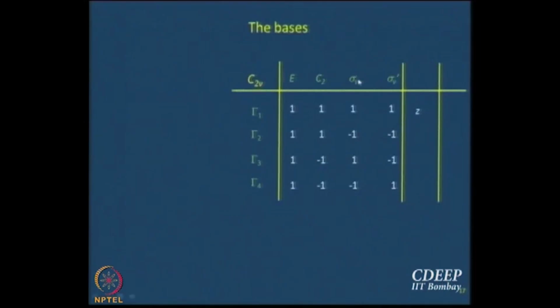Consider sigma v to be zx and sigma v dash to be zy. This is conventionally taken to be zx. First one is x, after all x comes before y in the alphabet. So, sigma v zx, sigma v dash is yz.